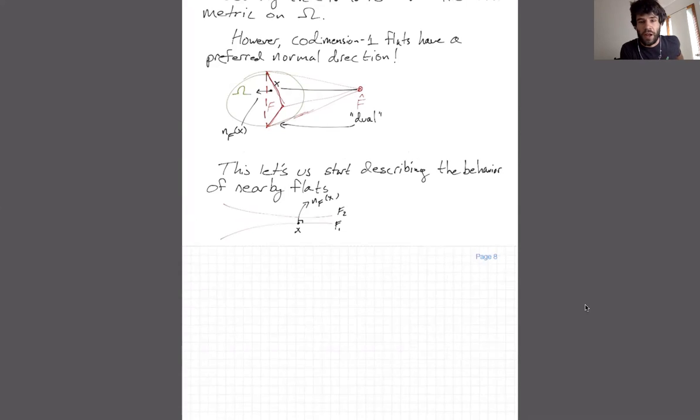So, are there good examples of these projective manifolds with your flats in them?